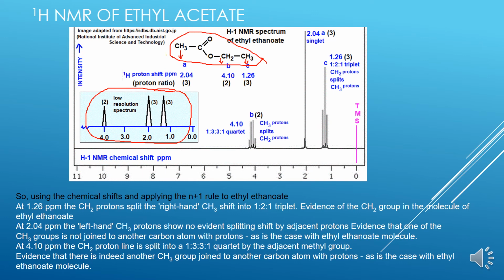As I said, in the molecule three types of environments are there: the methyl of the acetate group, the methyl of the ethyl group, and the methylene of the ethyl group. Proton A is observed at 2.04 ppm, the methylene protons at 4.10 ppm, and the methyl protons of the ethyl group at 1.26.